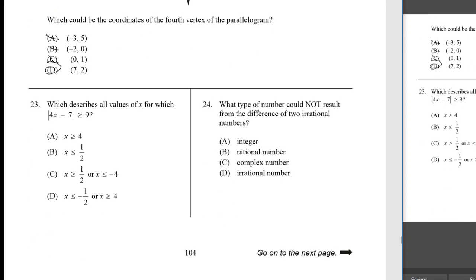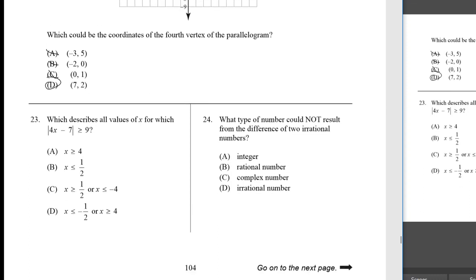Number 23 should not have been a problem because I know you guys have spent quite a bit of time on absolute values and inequalities, but we can go over it really quickly. If I have the absolute value of 4x minus 7 is greater than or equal to 9, the first step is to see, is the absolute value isolated?